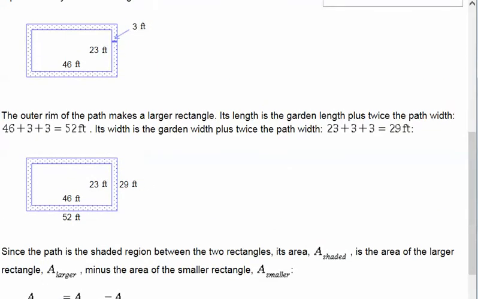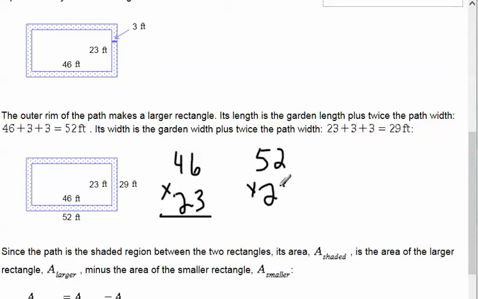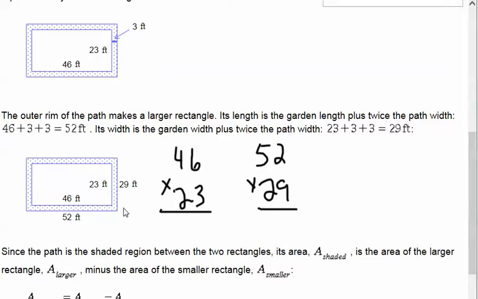So we could take the base times height of the smaller one, which would be 46 by 23. We could take the base times height of the bigger one, which is 52 times 29. And if we're doing the outside area minus the inside area, what's left would be the shaded part.